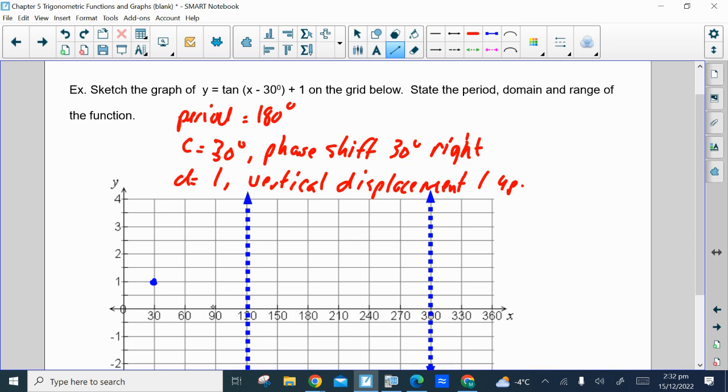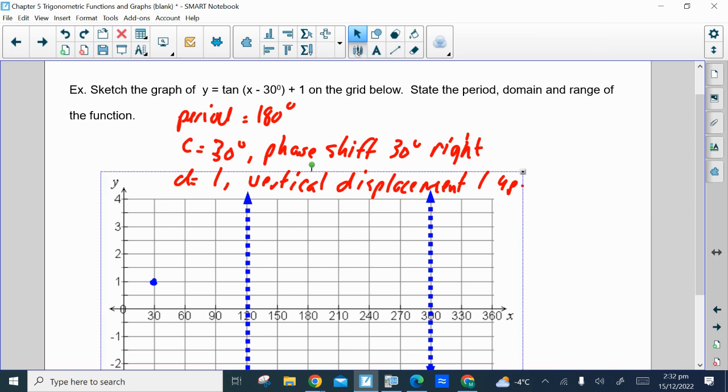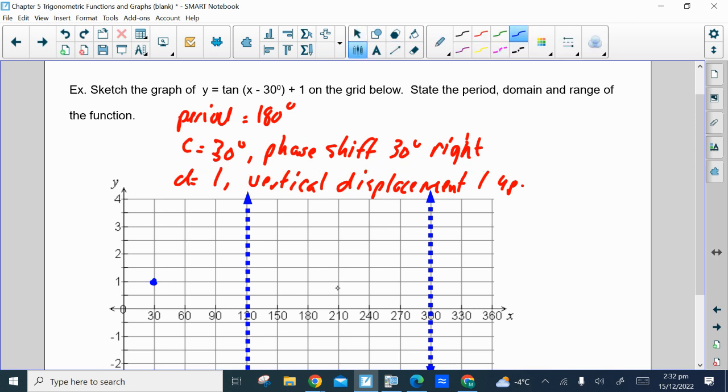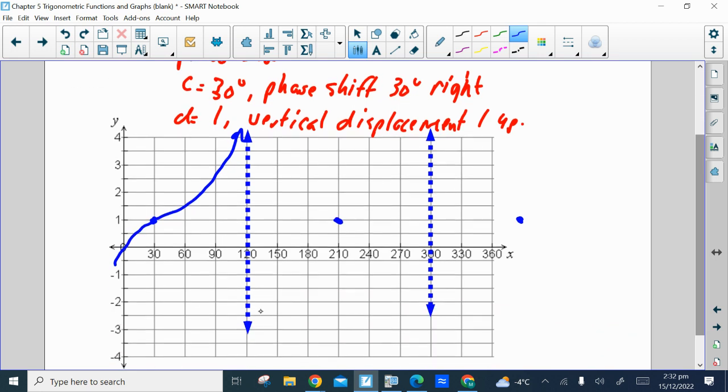So normally the next x-intercept was at 180 degrees, but now it goes 30 degrees to the right and 1 unit up. So now it'll be at 210, 1. And then at 360, 30 degrees to the right and 1 unit up. And I have to guess where that one will be. This is what this graph will look like.